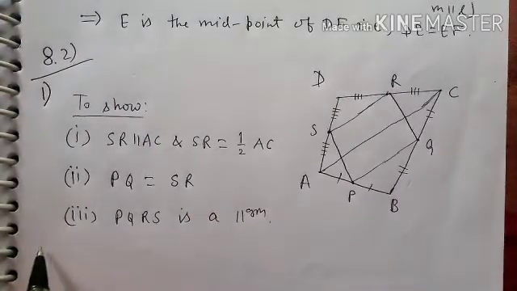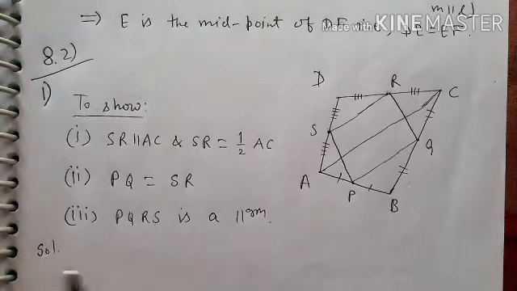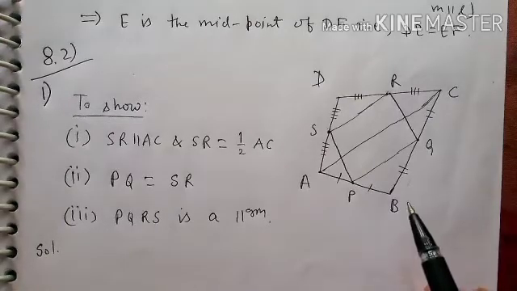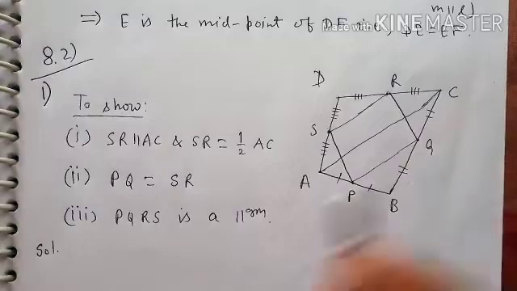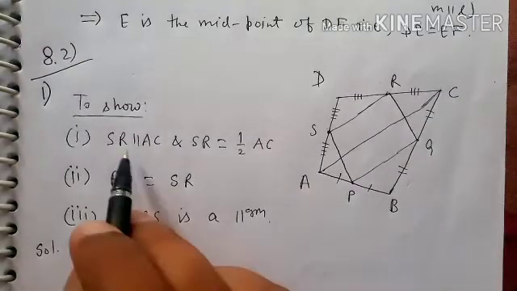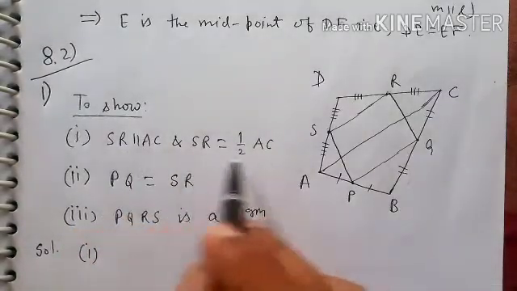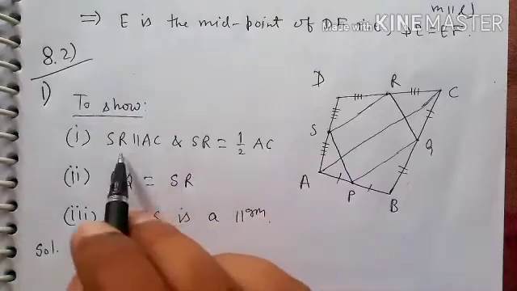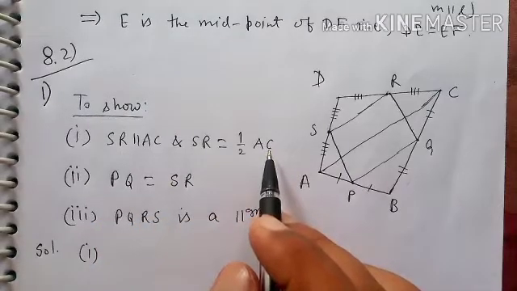Let us proceed for solution. Here, in triangle ADC, you know that this is the result of midpoint theorem. So, for the first result to prove, we must use midpoint theorem.